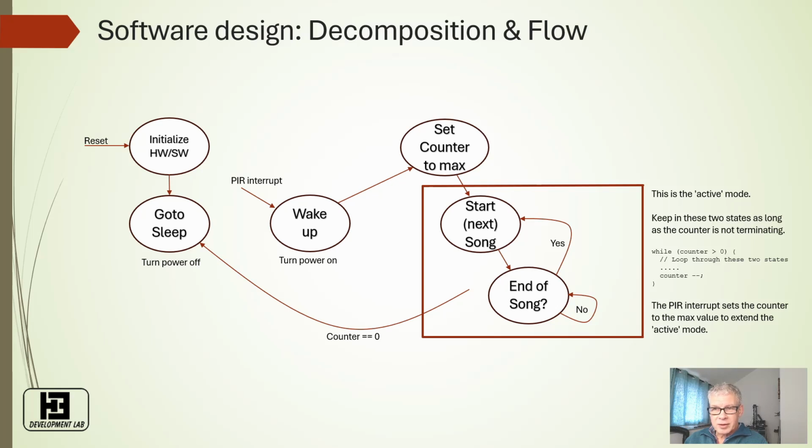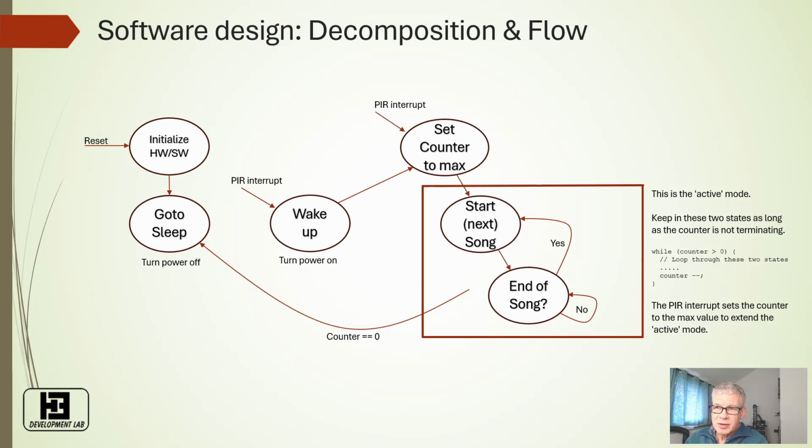And then there is another thing, because what would happen if you make the counter, for instance, 1 minute, roughly. That means that after 1 minute the song stops playing, and that's maybe not a good idea. So we want to make sure that as long as there is a human detected, that we will continue playing.